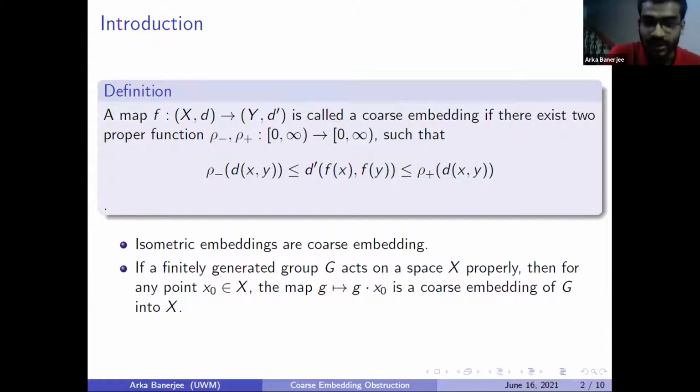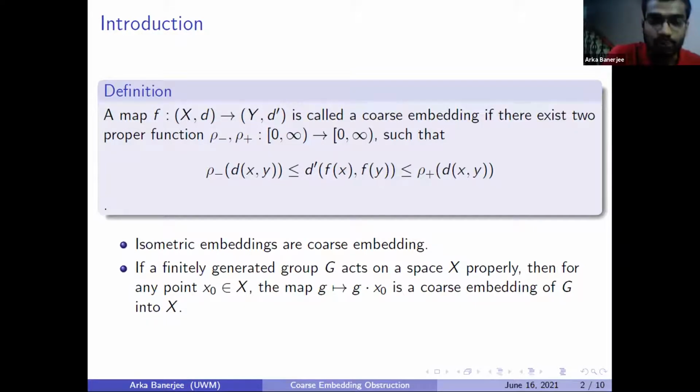If you have a finitely generated group acting on a metric space X by isometry, and the action is proper, by proper I mean that if you have a compact set in X, only finitely many translates of that set intersect that compact set, then you can produce a map.